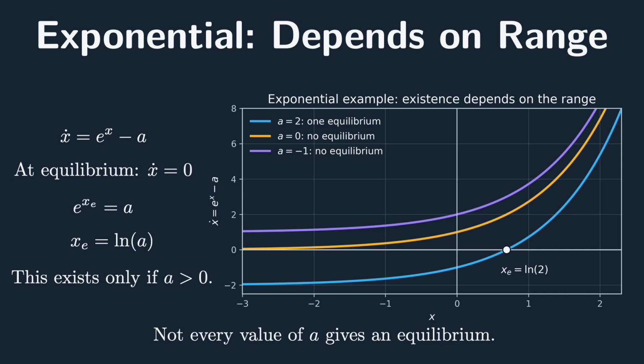But when a is 0 or negative, the curve does not cross the horizontal axis, so there is no equilibrium point. The takeaway is that solving the equation is not always enough. We also need to check whether the solution actually exists for the values allowed by the nonlinear function.